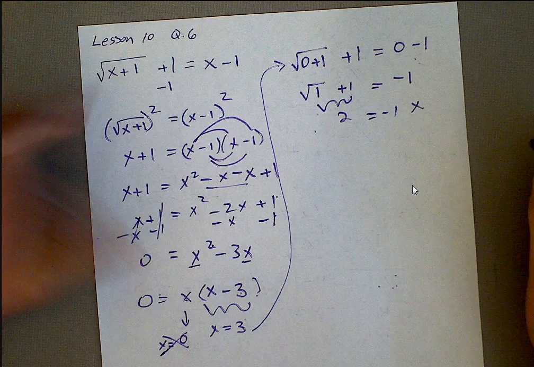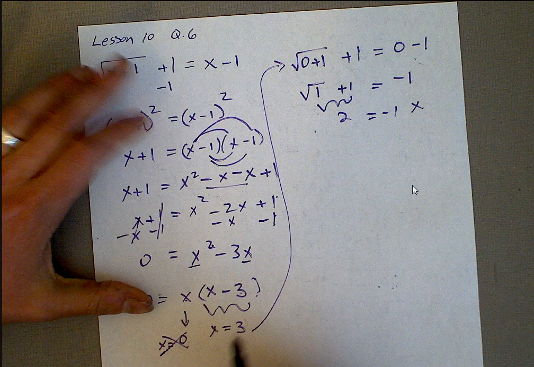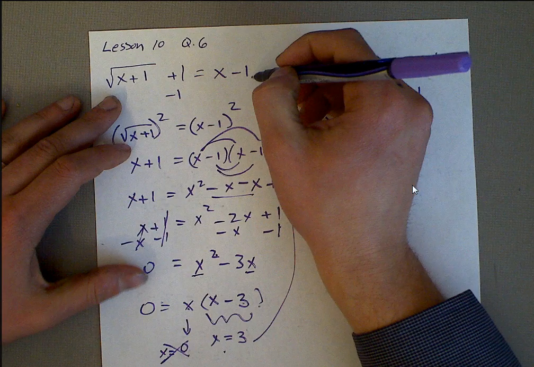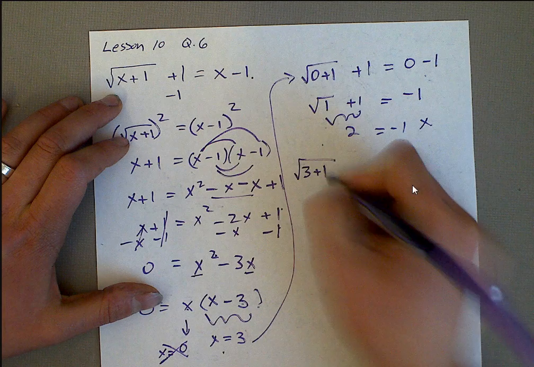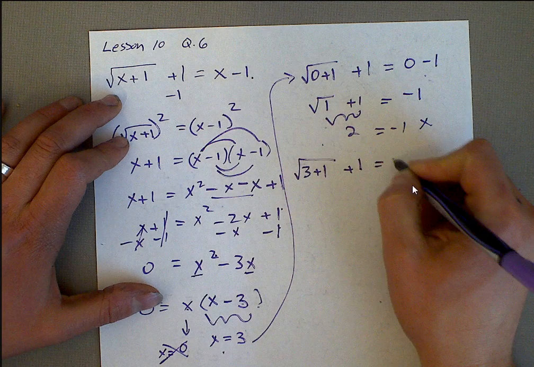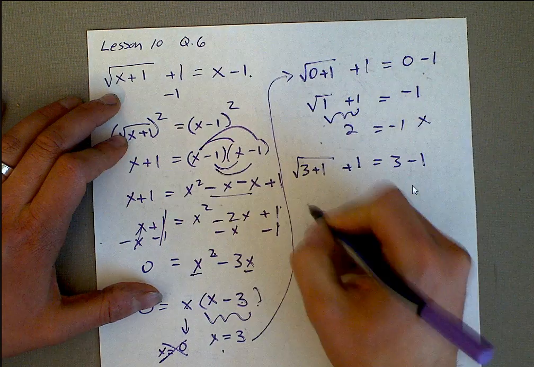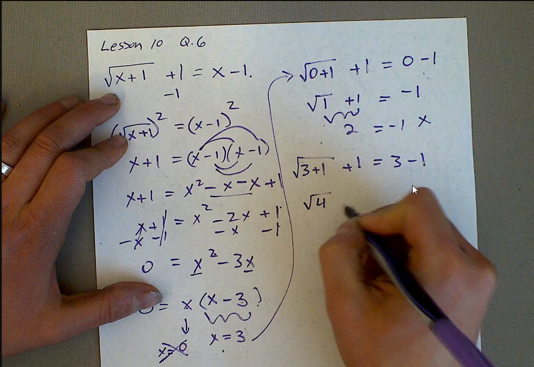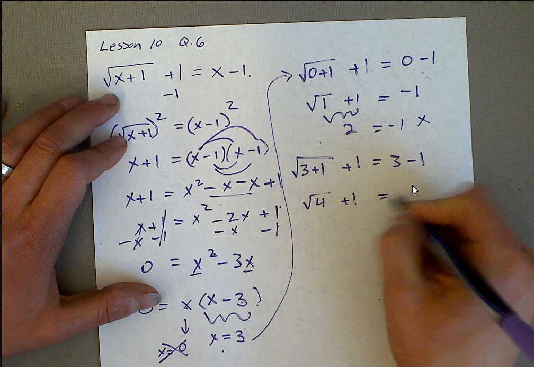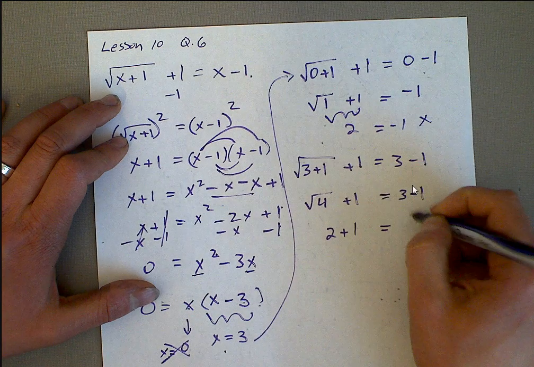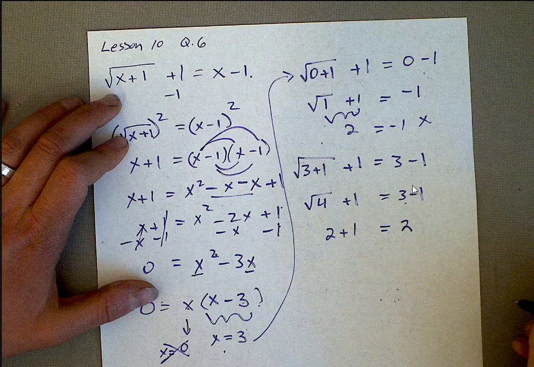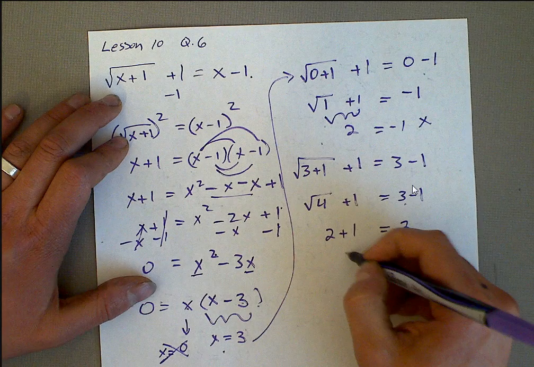Let's check for 3, and if 3 is not a solution, that means this problem has no solutions. So we'll do the square root of 3 plus 1 equal to 3 minus 1. Square root of 3 plus 1 is 4 plus 1. 3 minus 1 is 2. 2 plus 1 is 3.